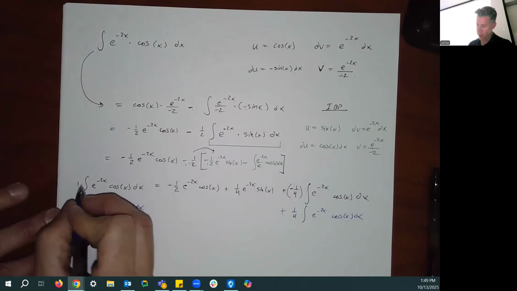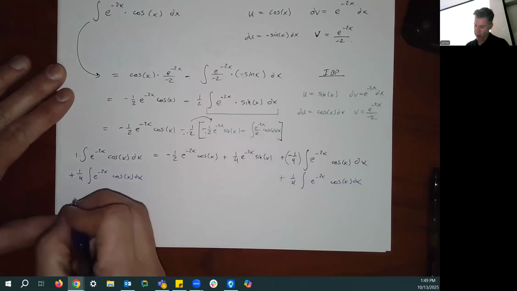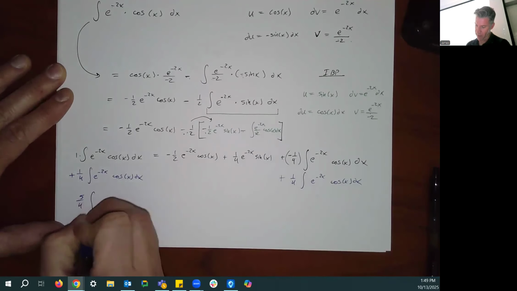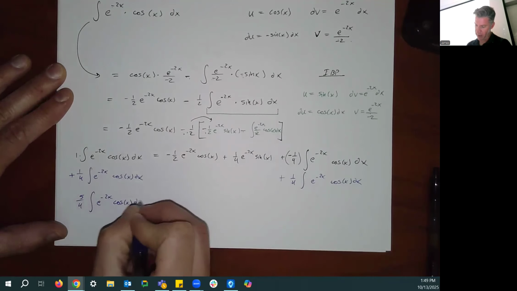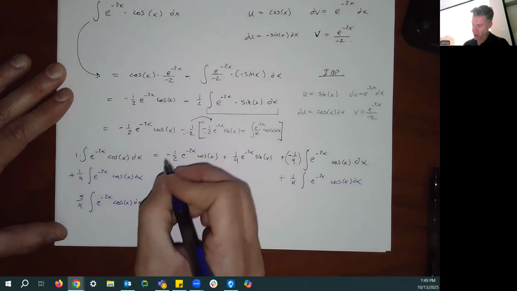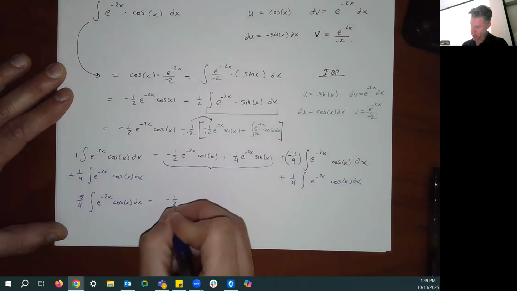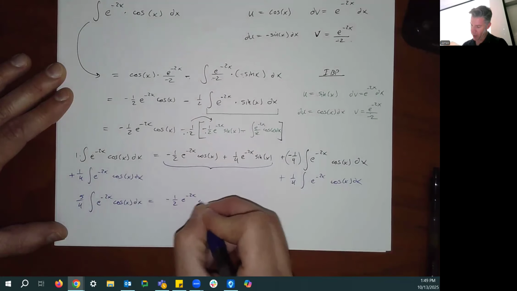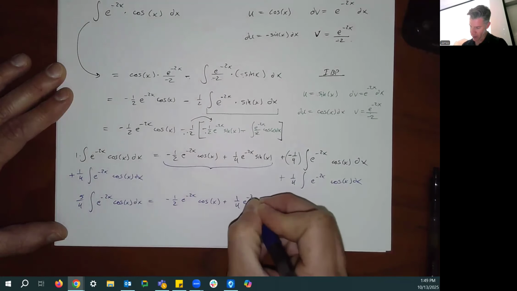So we have 1 of something plus 1/4 of something, which is going to be 5/4 of that something. So we have 5/4 of the integral of e to the negative 2x times cosine of x dx equal to all of this, which feels like you should probably do less writing if you write this out. I'm doing all the writing to make sure you see all the things.